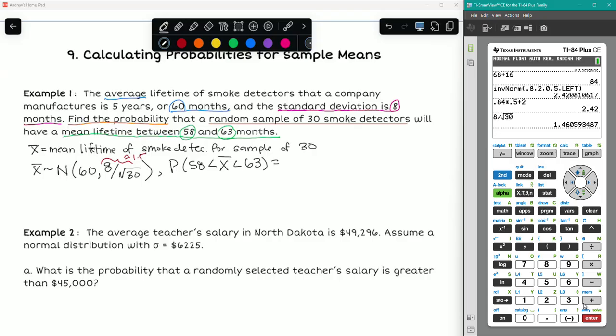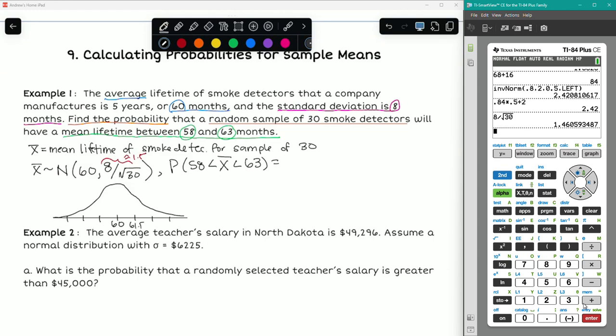So I'm going to draw our normal distribution. I know the middle is the mean of 60, and I go 3 standard deviations out in either direction. In this case, I'm counting by about 1.5.